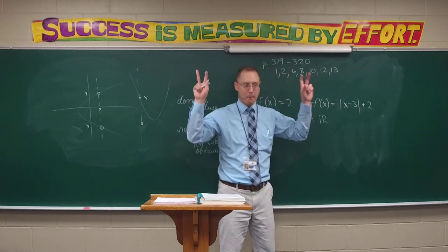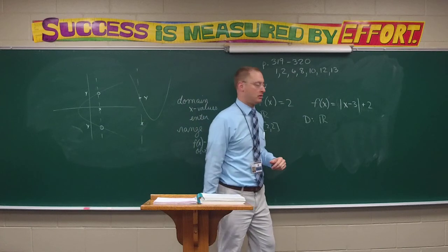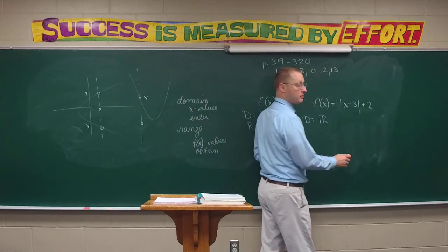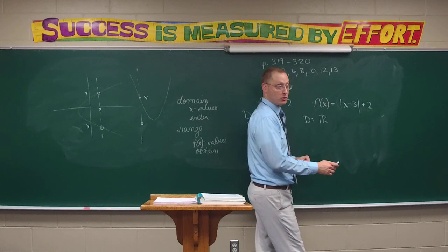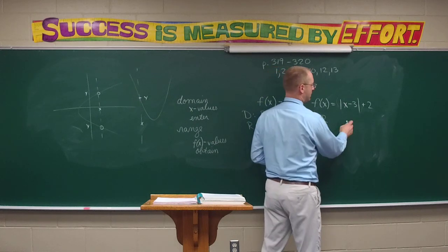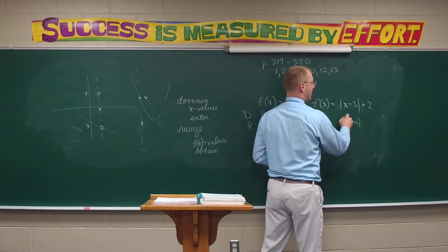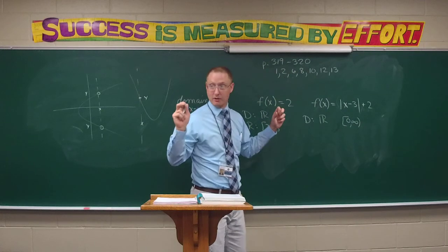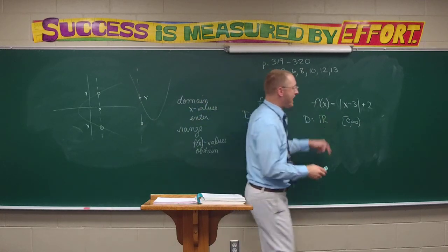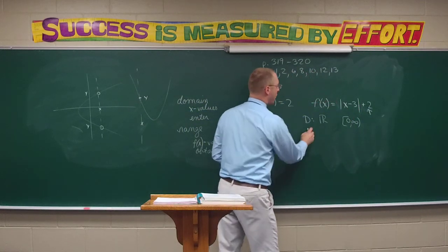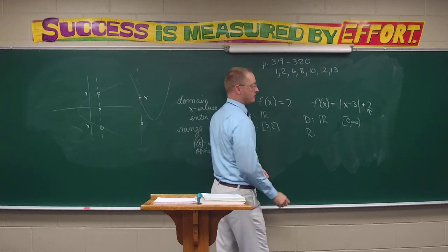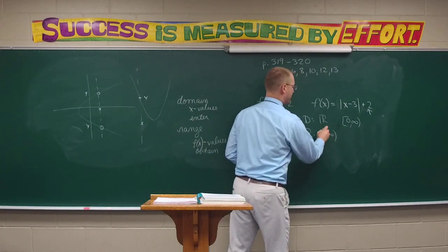How do we define positive numbers? Picture a number line. 0 to infinity, right? Those are your positive numbers, from 0 to infinity. But then we add 2. So what is the range of the function, class? 2 to infinity.